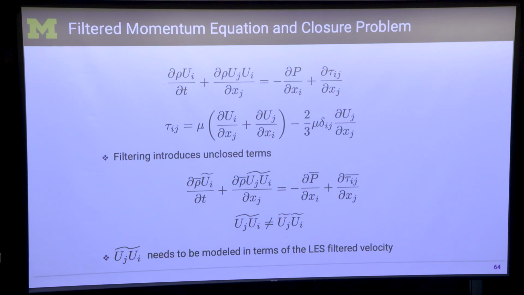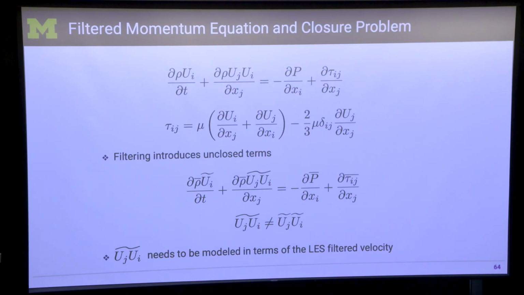So the product of the filtered quantities is not the same as the filtered product. So that is what is called the LES closure problem. So the last statement tells you that. So uj, ui, if you multiply and then take tilde, it's not the same as first filtering and then multiplying.